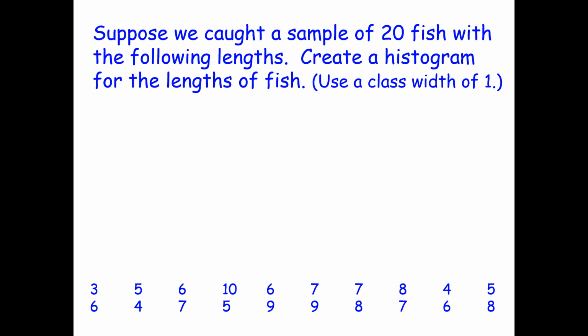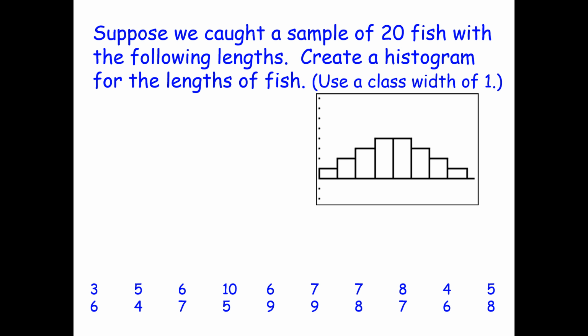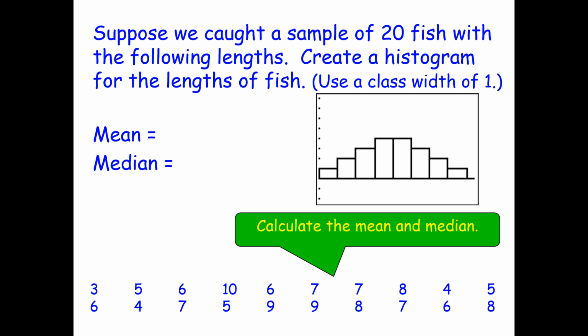So let's suppose that we catch a sample size of 20 fish from the following lengths. We're going to create a histogram for the lengths of the fish with a class width of 1. So create that histogram. And then we're going to calculate the mean and the median values. Now is a great time to practice using your calculator to do that.